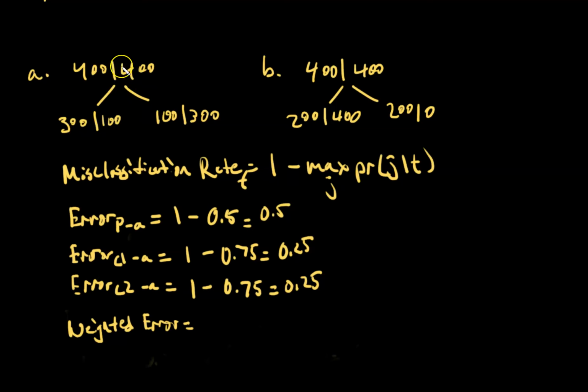Out of 800 things that we initially started with, 400 came into this node. So that will be its weight, 400 divided by 800.